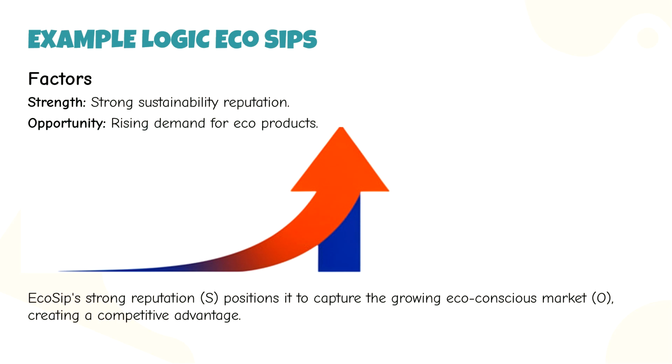So you see the S over there, that is your strength, which is strong reputation, and the O is your opportunity. I hope that this gives you an idea of how to find relationships between the four different factors of a business.